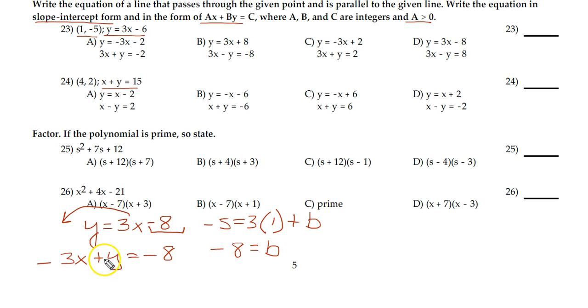So we're going to multiply each term by -1 to reverse all the signs. So this becomes 3x minus y equals 8. Now, there's our slope-intercept form, and there's our standard form, and that one will match up with letter D.